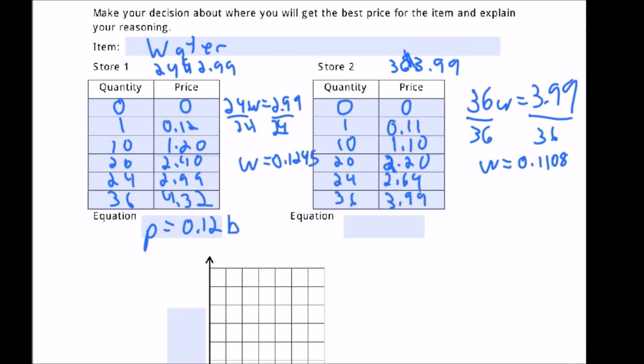We use that original 24W equals $2.99 to get that 12 cents. So the other one, the price equals 11 cents times the number of bottles. So that's how you get the equation there. And it's always going to be whatever this number 1 is in this case.